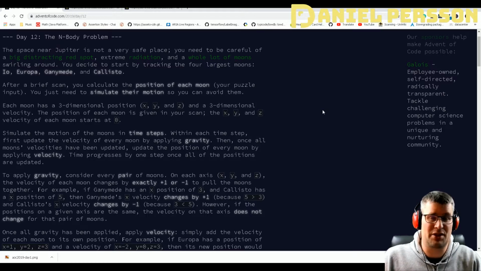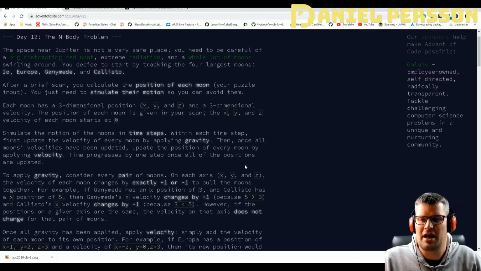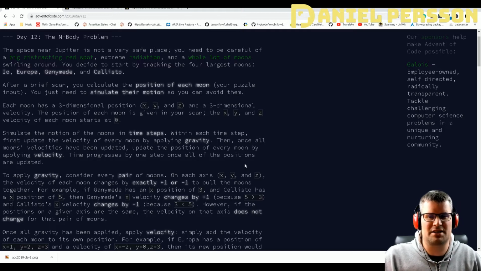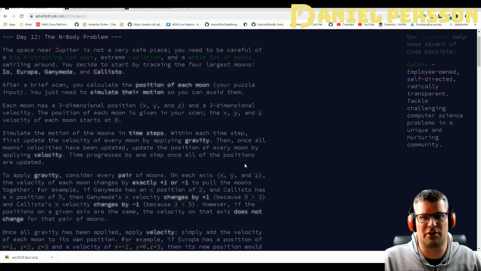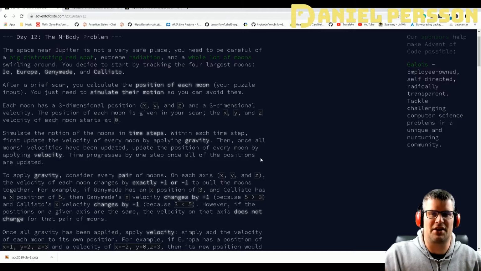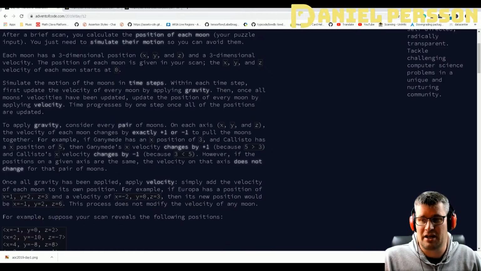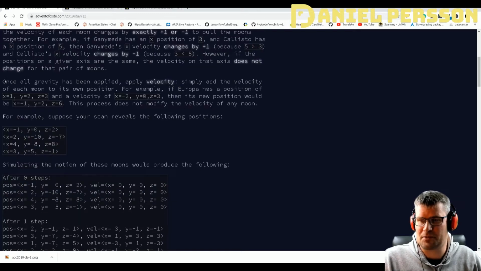And the one with 3 will go plus, so they will go towards each other. And if they are on the same x position, they will not change. And we will need to figure out how large the velocity will be for the planet, and then update their specific position after we have corrected the velocity.